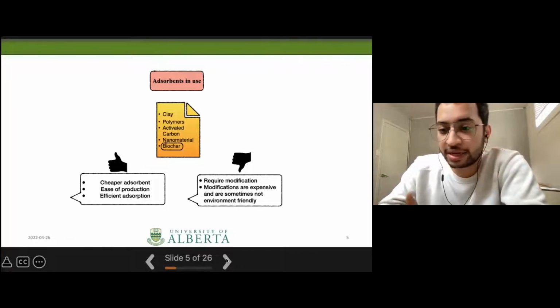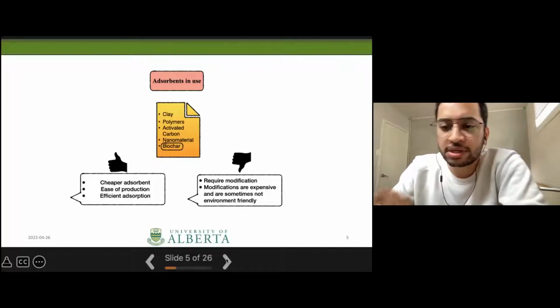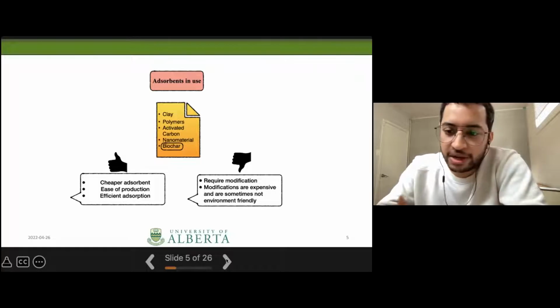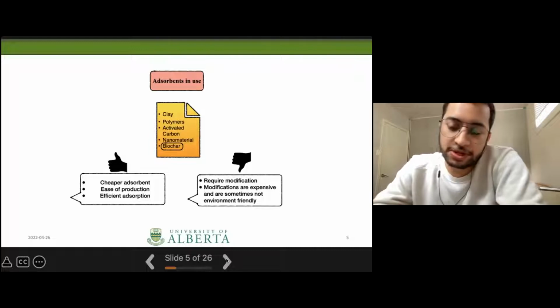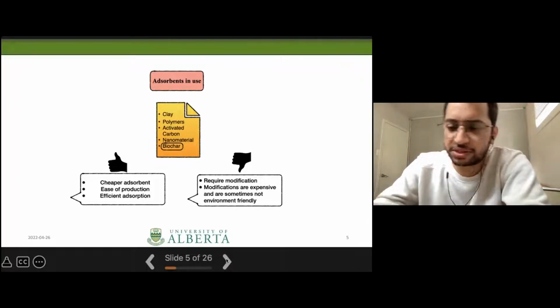For example, in chemical activation, we use acids and alkalis, which can create secondary pollutants. And in the case of physical modification or activation, we have to use higher temperature and energy, which could be energy and cost intensive.